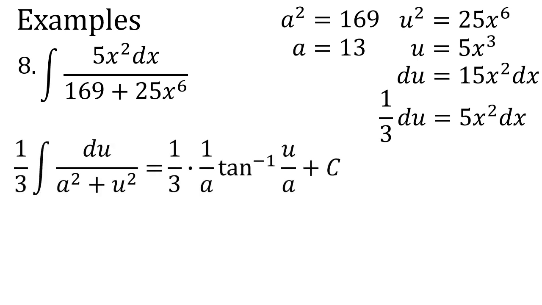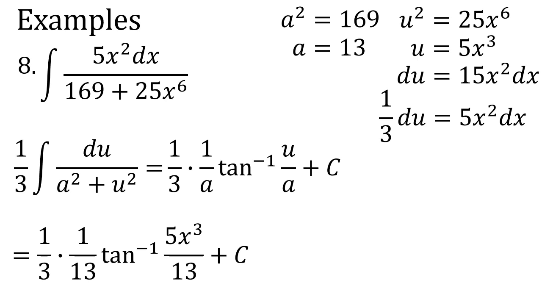Our given is in the form of 1/3 the integral of du over a squared plus u squared. So we have that 1/3 du because of this. Okay? So our integral will be in the pattern of 1/3 times 1 over a arc tangent u over a plus c. Substituting the values of u and a, we're going to have 1/3 times 1 over 13 arctangent 5x cubed over 13 plus c.